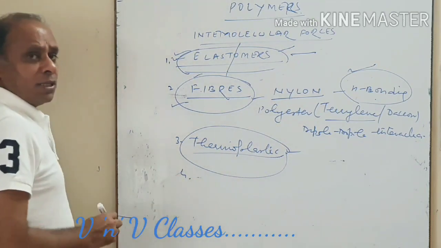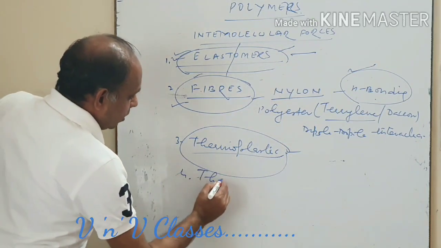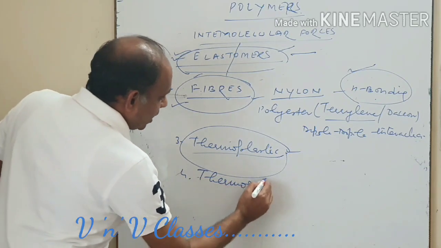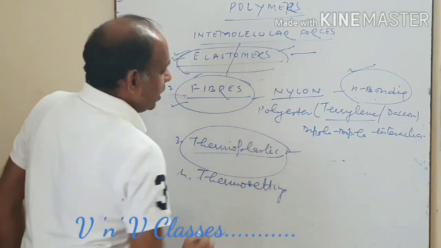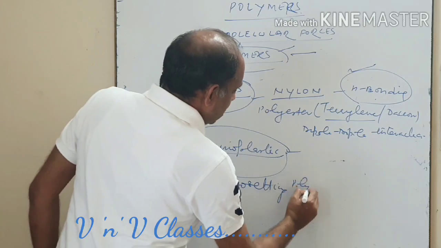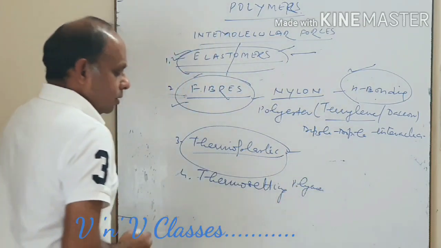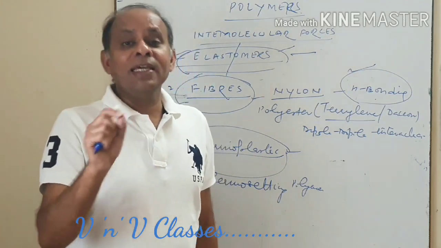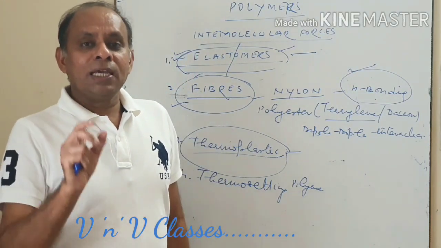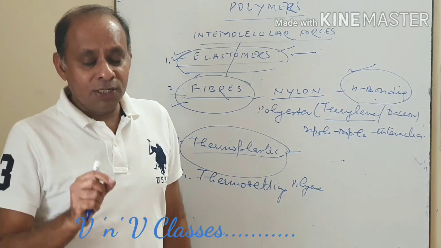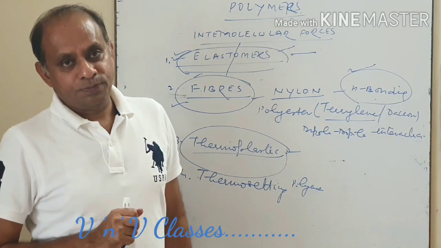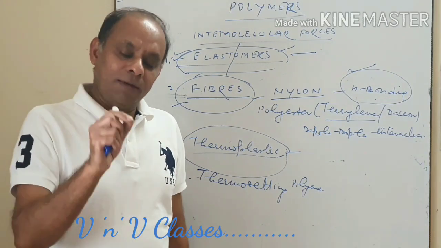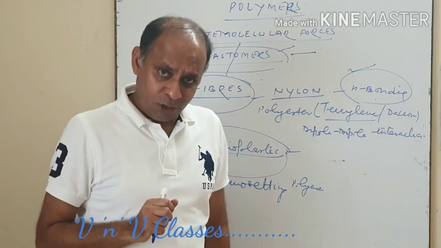In continuation, we have another type, called thermosetting plastics or thermosetting polymers. A thermosetting polymer, when heated, undergoes a chemical change, a change in chemical composition, and then it can be molded into any desired shape.